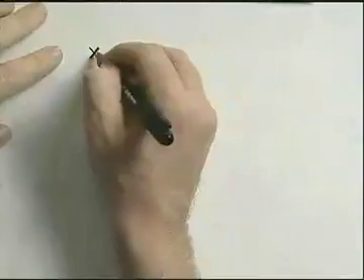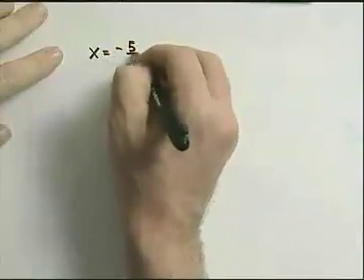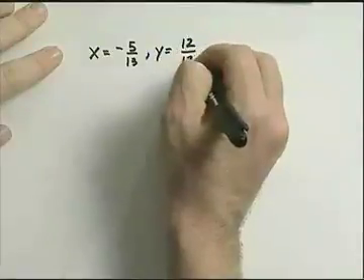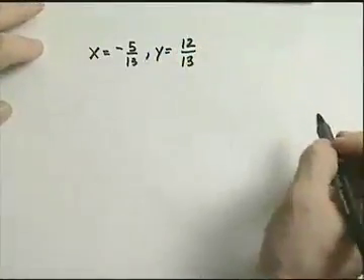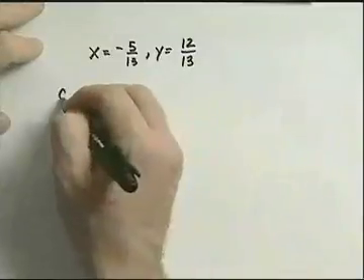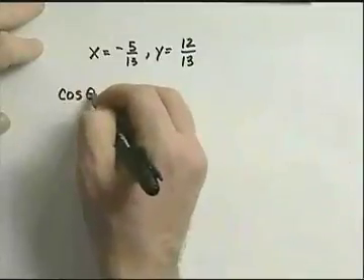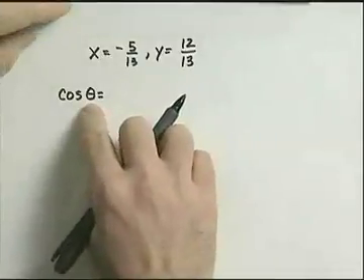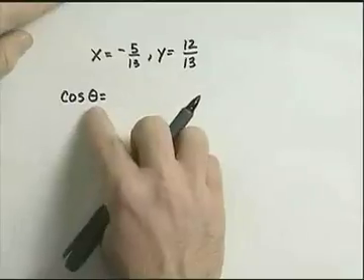So again, x is negative 5/13, y is 12/13. We already know sine of theta is 12/13 because it was given. The cosine of theta, remember, the cosine function takes as input an angle and gives as output the x-coordinate.